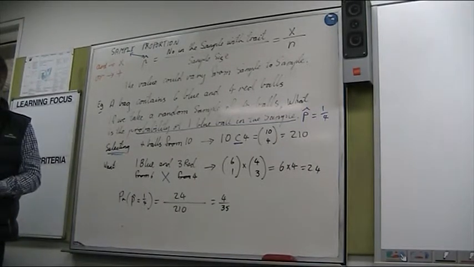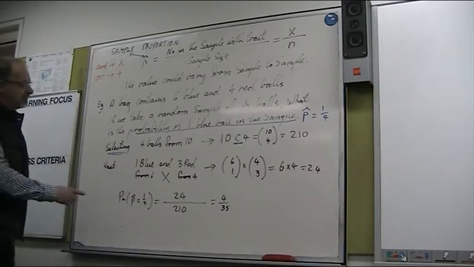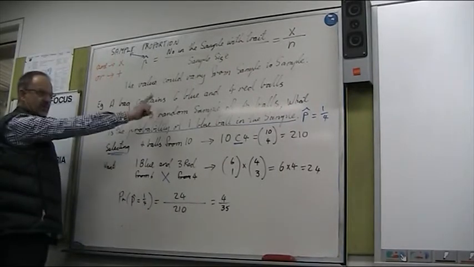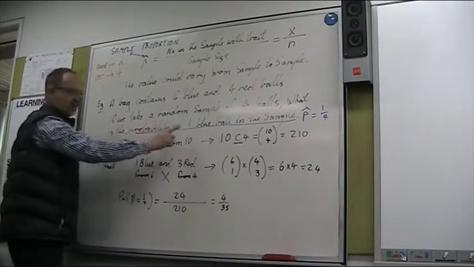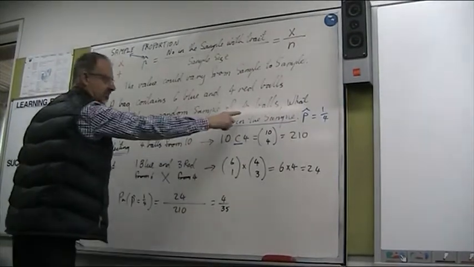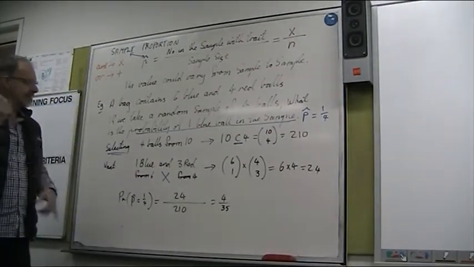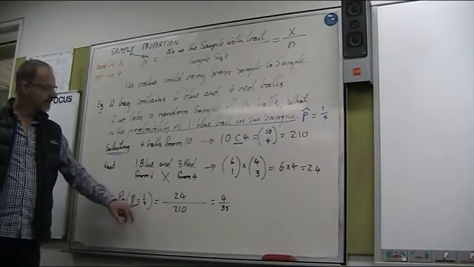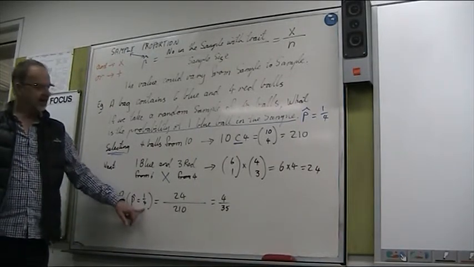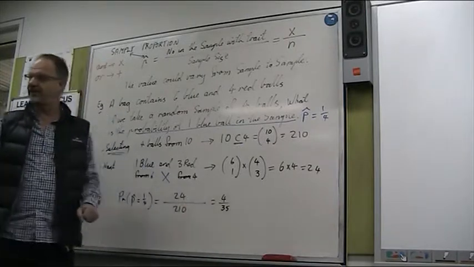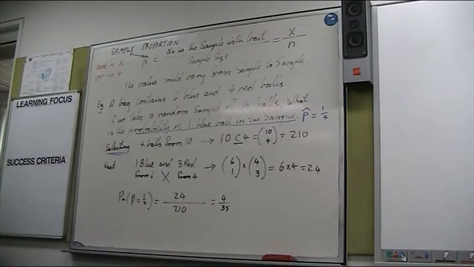What's the little P with the hat? P with the hat is the sample proportion. So we're taking a sample, and we want 1 blue ball in that sample of 4. The sample proportion we're looking for is 1/4, and there's a 4/35 probability of getting that.